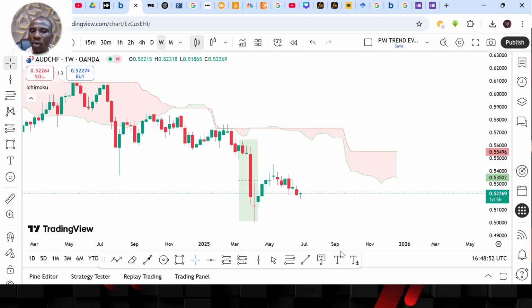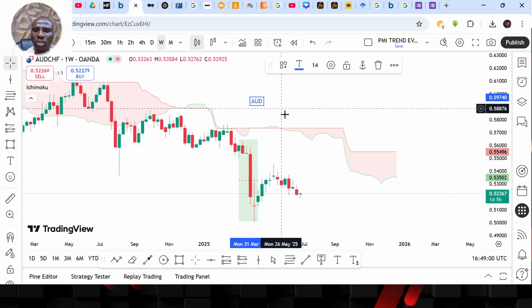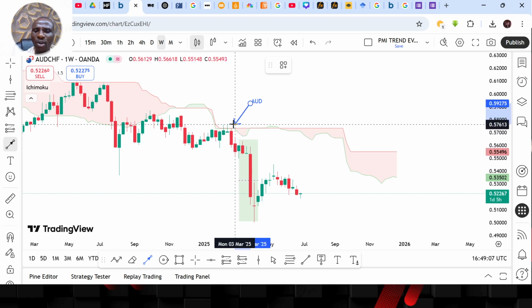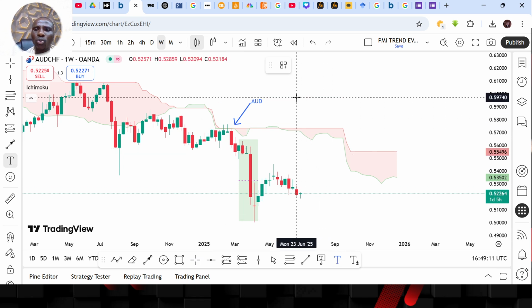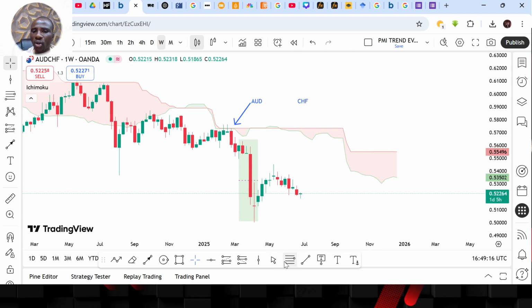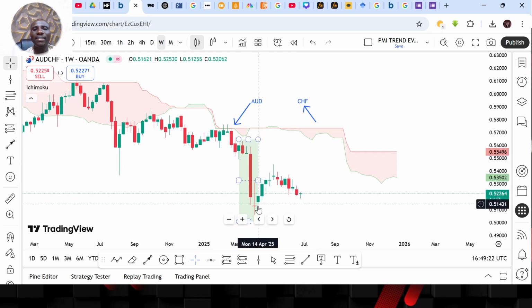You see now, capital was flowing away from AUD, and capital was now flowing into CHF. Because of this cross capital flow, you now have a nice impulse wave to the downside.